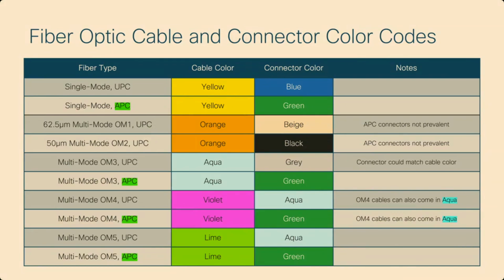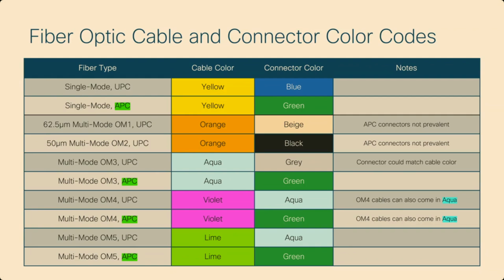We've gone to OM4, and the OM4 is going to be a higher quality cable. It's going to get your signal a little bit further, and the adopted color for that cable jacket is now violet. But when we first came out with it, there wasn't really a standard for that. So a lot of times there are some OM4 cables that come with an aqua jacket.